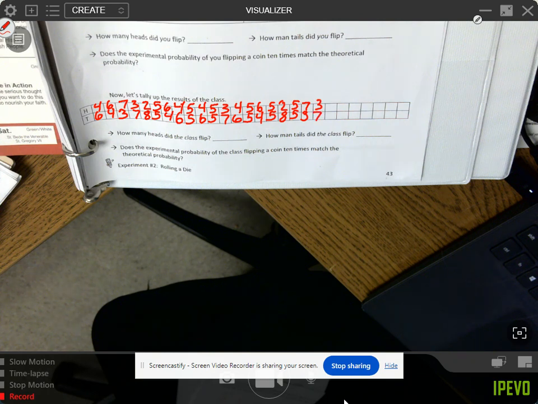Alright, so now we have to figure out how many heads did the class flip. So we need to add up all these heads. So you need a calculator.